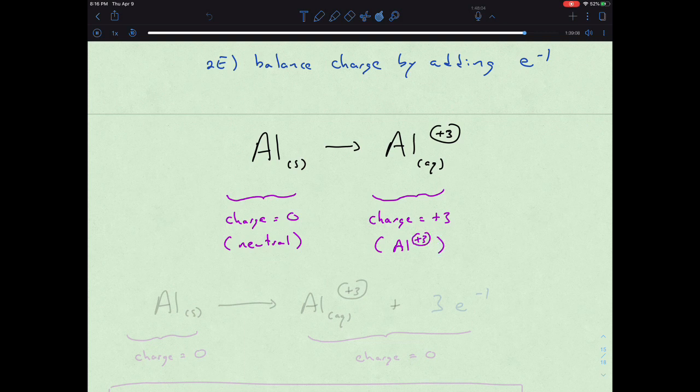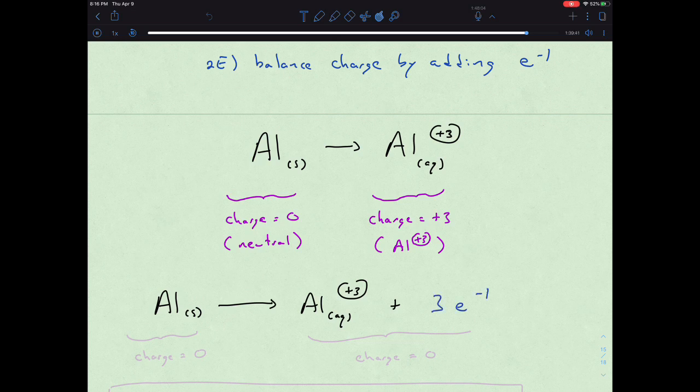And so that means that we need to basically balance out this process by adding electrons to that product side. So our reaction turns into aluminum, produces aluminum in the +3 charge state, plus now 3 electrons.